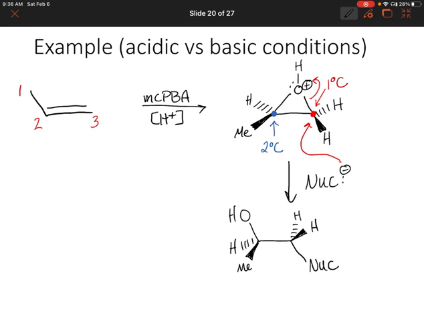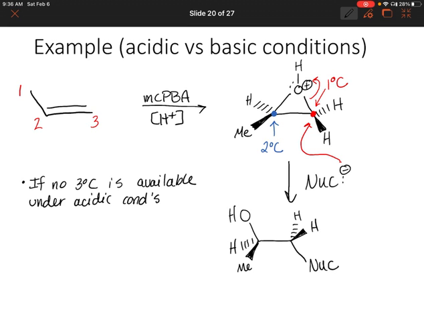Okay, so in this reaction, we were under acidic conditions, but we didn't have a tertiary carbon available, so the nucleophile attacked the less substituted carbon. So let's write that down. If no tertiary carbon is available under acidic conditions, the nucleophile attacks the least substituted carbon.